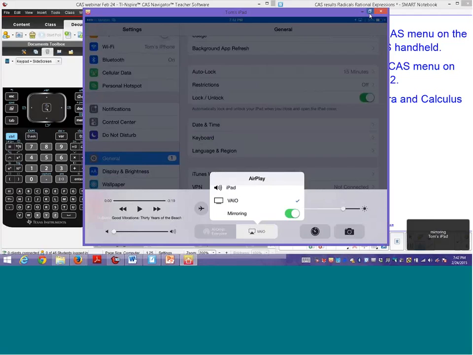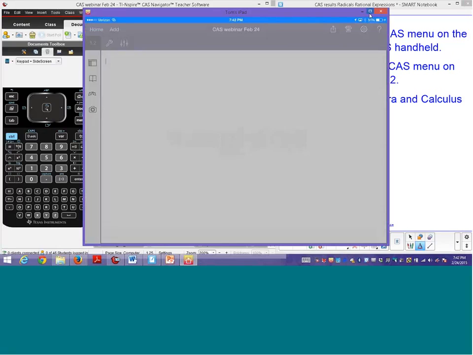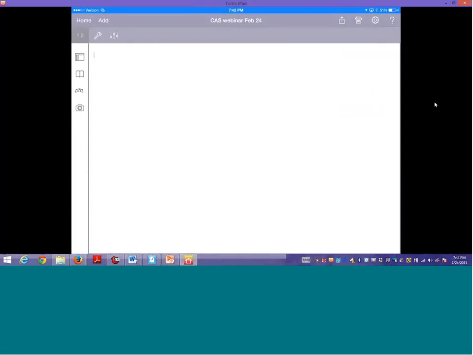I'm going to open up the TI-Nspire CAS iPad app, and this is a file that I created earlier today. If you're wondering which iPad app you have, the CAS is a blue icon and the non-CAS is a red icon, okay? And by the way, at the website that I created, there are links to the iPad app and many other things that I'll talk about towards the end.